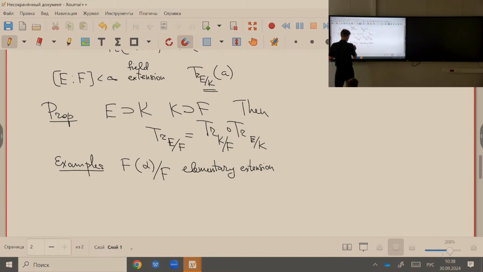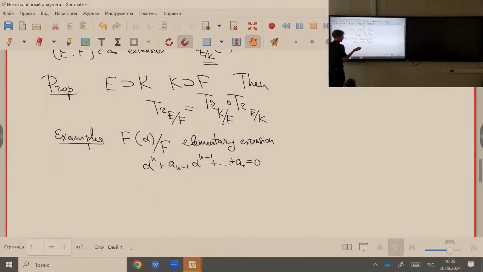So your alpha is the root of some irreducible polynomial. And so here there are actually two ways one can choose the basis.